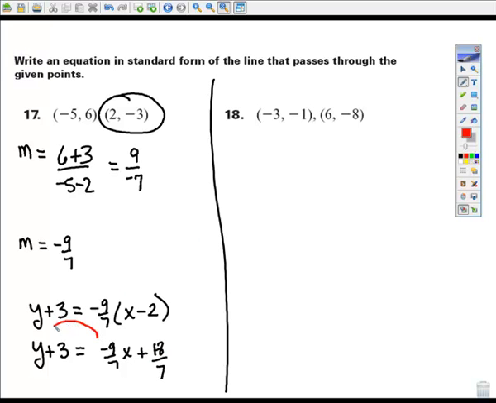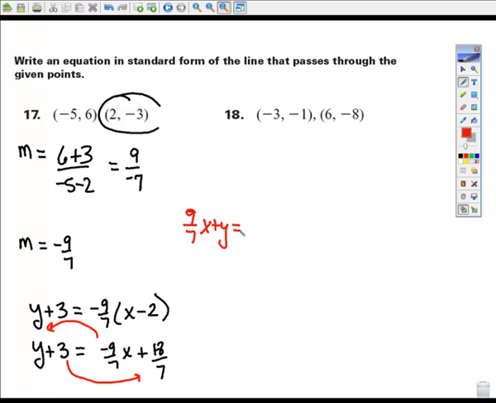And I know I want to move this here and this over here. I'm going to erase this line so I have more room. And I end up with positive 9 sevenths x plus y equals, I have to subtract 3. So when I subtract 3, I'm really going to subtract 21 sevenths. And that gives me a negative 3 sevenths.